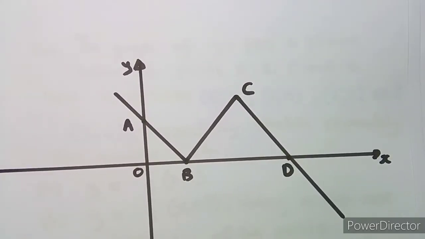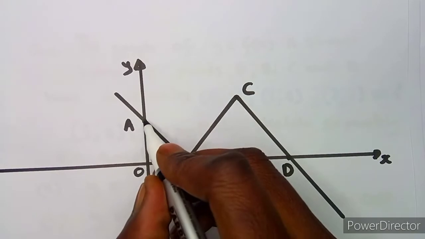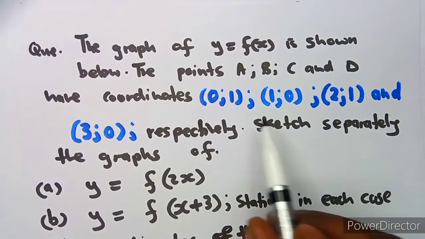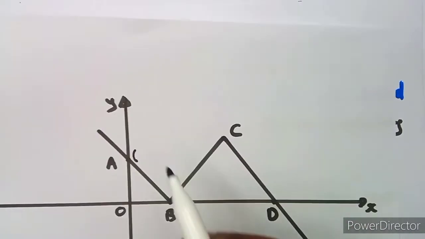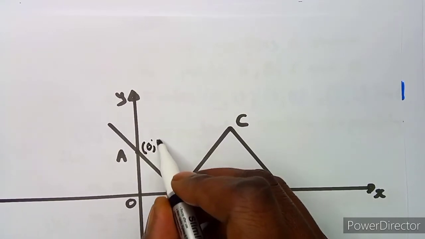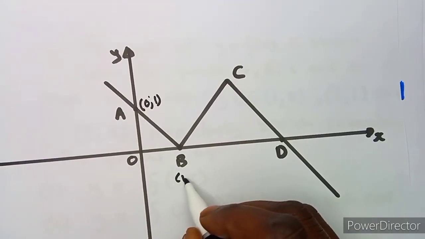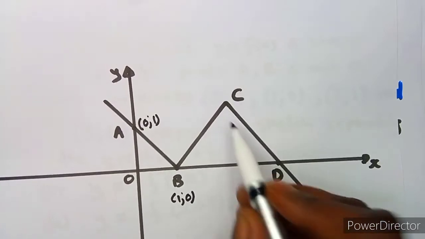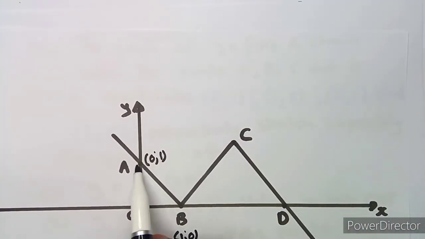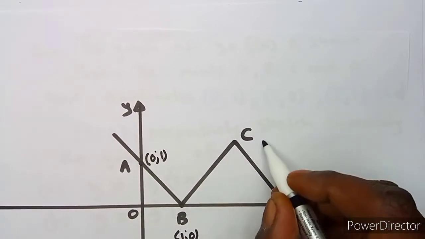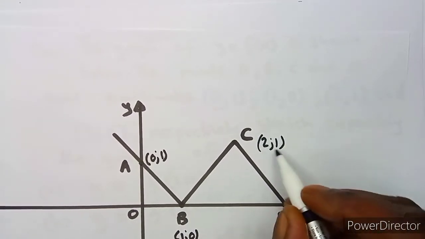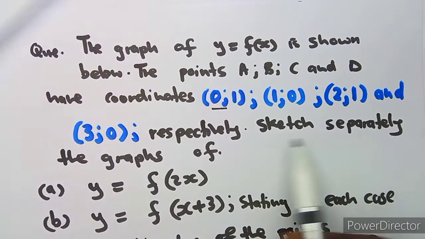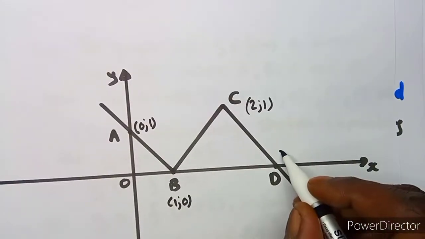Point a is 0, 1, so that's our 0, 1 here, and this is our b, which is 1, 0, and this is our c, which is 2, 1. Guys, don't mind the diagram, because this is supposed to be in the same line with this, since it's 2, 1. And the d is 3, 0. So these are the points that we are given.